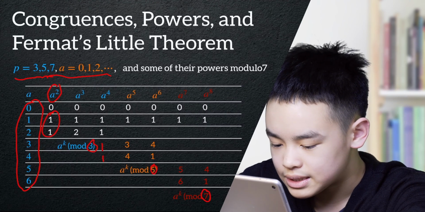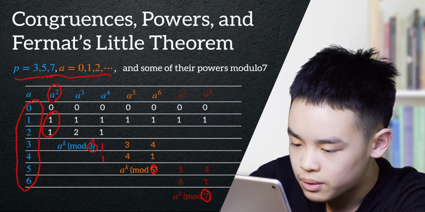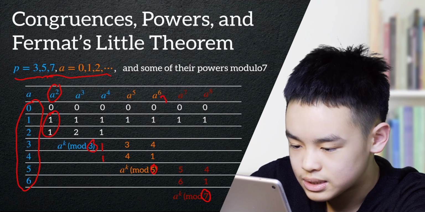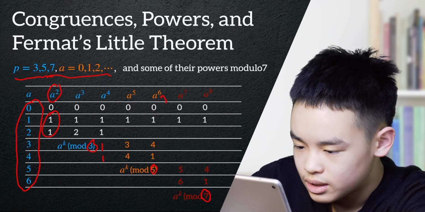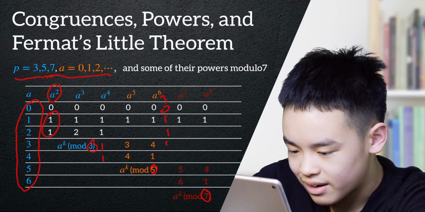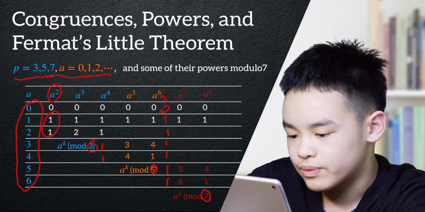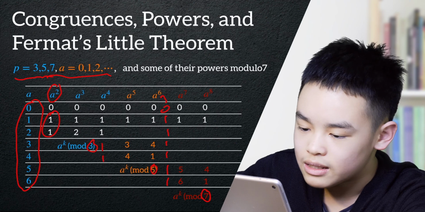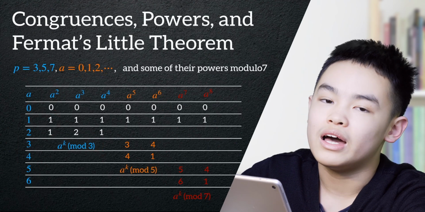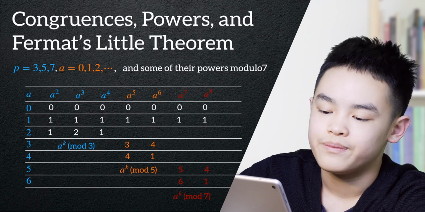And you probably guessed it. When it's modulo 7, a to the 6th power will be 0, 1, 1, 1, 1, 1, 1. So it's all ones.